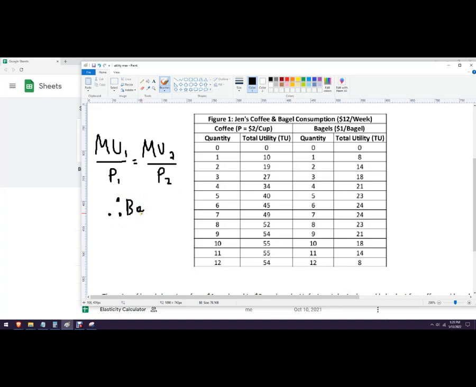So what I'm up to here in English is I need to figure out the right combination of coffee and bagels where she has spent her $12 to get the most additional happiness per dollar.